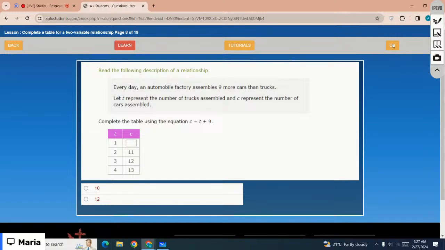The correct option is 9 plus 1 equals 10. Option number 1 is the correct option, right?